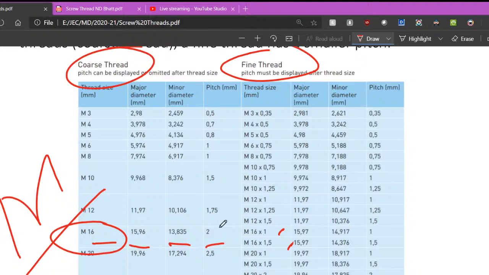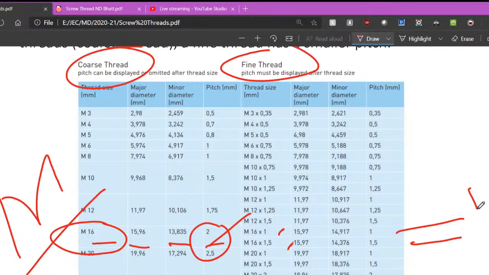So what is the difference? The difference is in the pitch. In coarse thread, in standard form it is 2, but in fine thread there are two categories that use 1 mm pitch and 1.5 mm pitch.